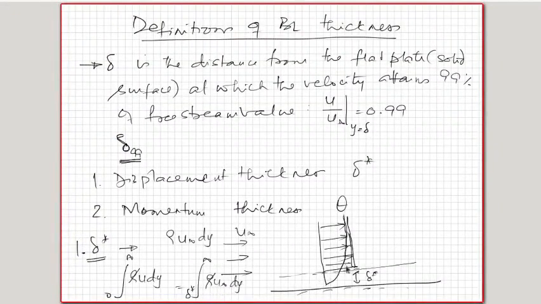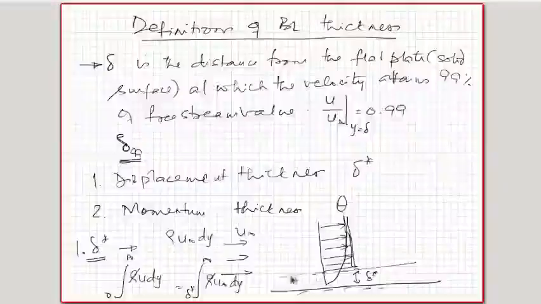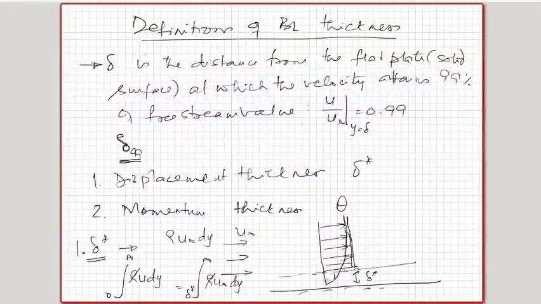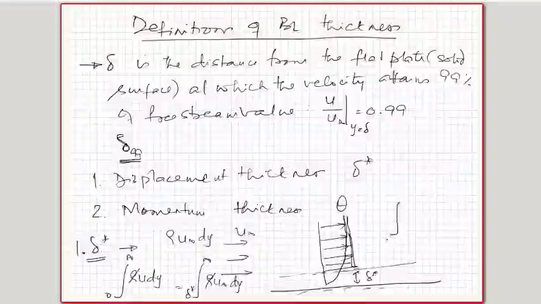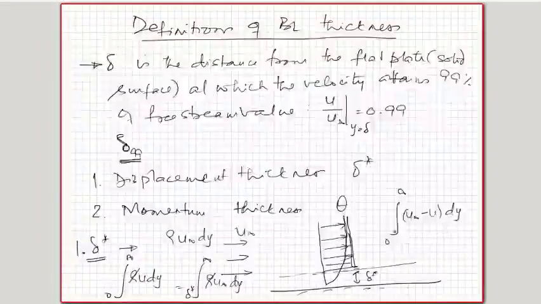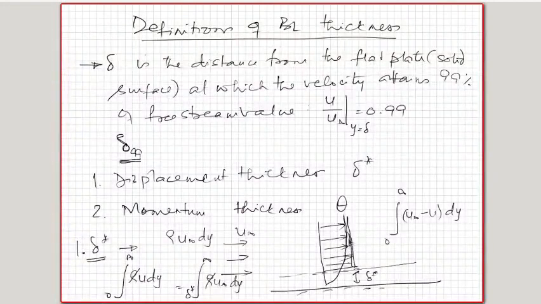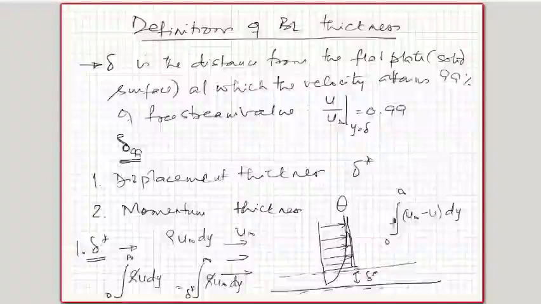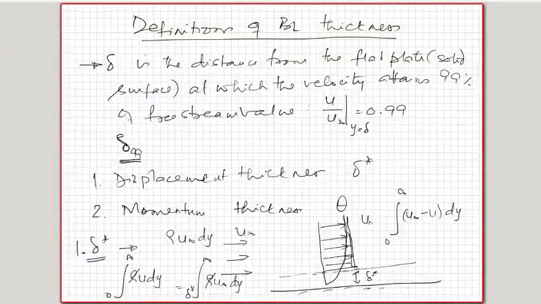Or in other words, in this region, the integral from 0 to infinity of (u infinity minus u) dy is the defect of velocity. This is the extent by which this has been displaced. So that should be equal to u infinity times delta star.